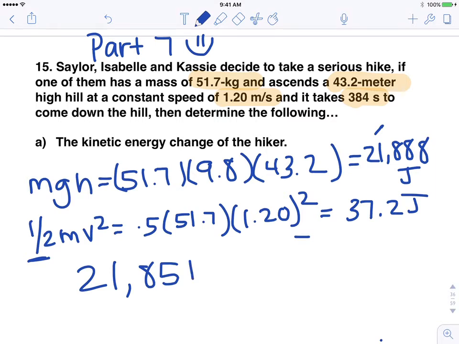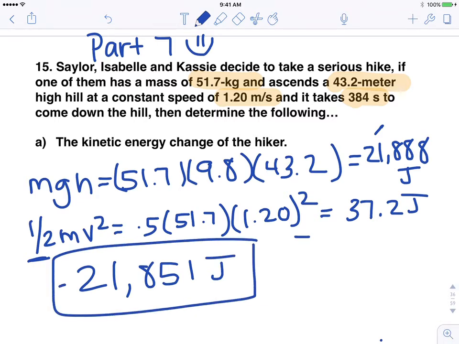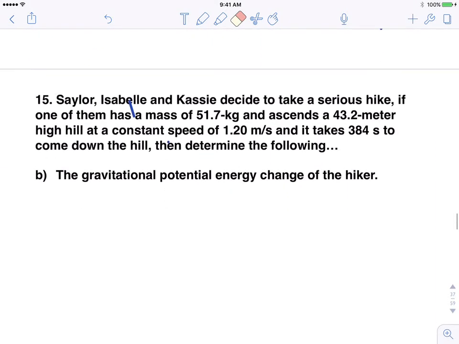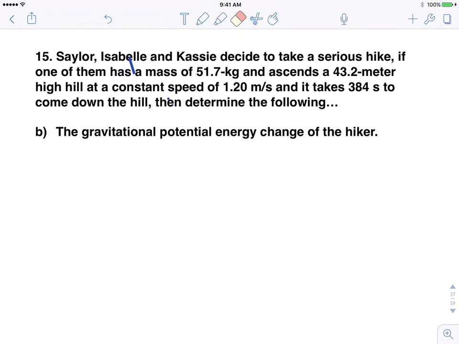Let's go with 51. It's just rounded. And it's actually a negative value because you're going to put this value first and then that value second. Actually, it can't be a negative value. Strike that. That's the change. Now, that should take you on to the next problem and tell you that the change is going to be the exact same thing.